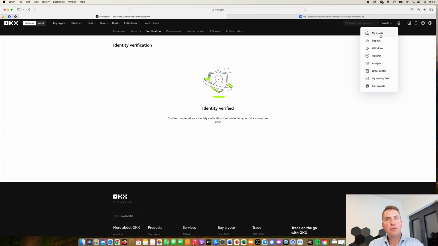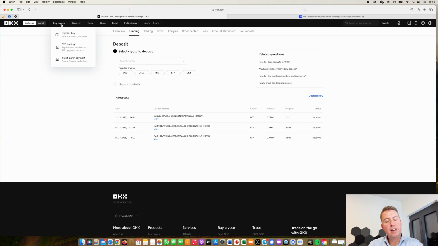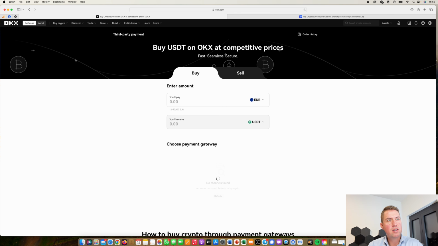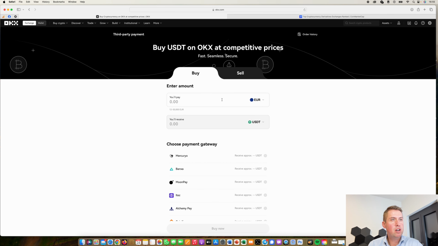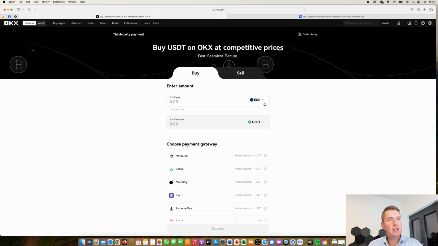The next thing you need to do in order to start trading is deposit some money on the exchange. However, it's pretty hard to deposit regular currencies like euros, US dollars, Australian dollars or British pounds. There's one way where you can basically do a third-party payment, and I want to show you that with US dollars.